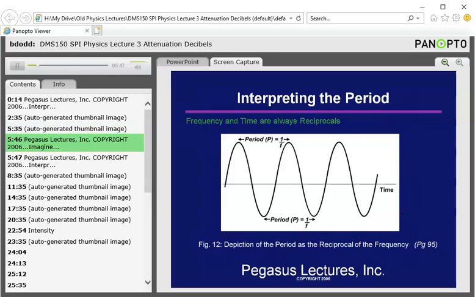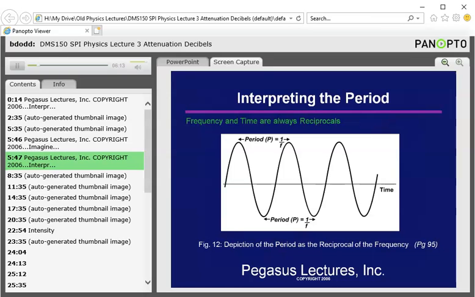Okay, so I should do my demonstration. If I have two waves, and they're identical to each other, what's the result going to be? There we go. So it doubles.